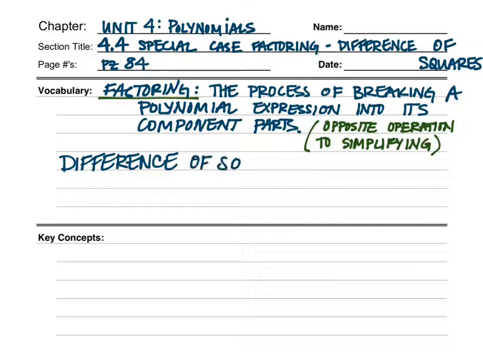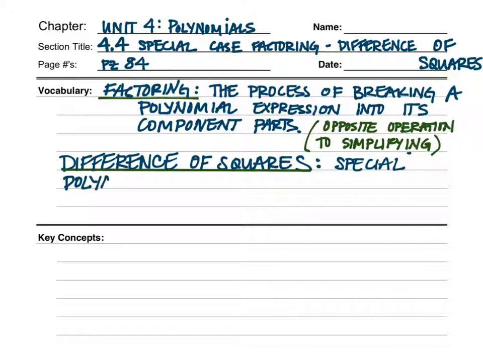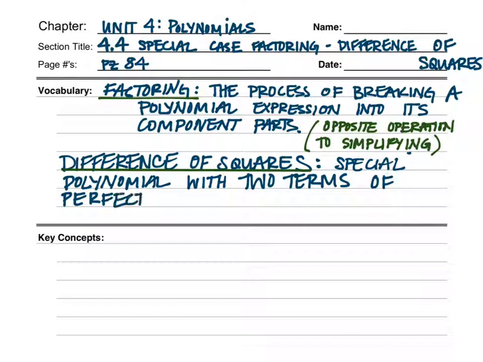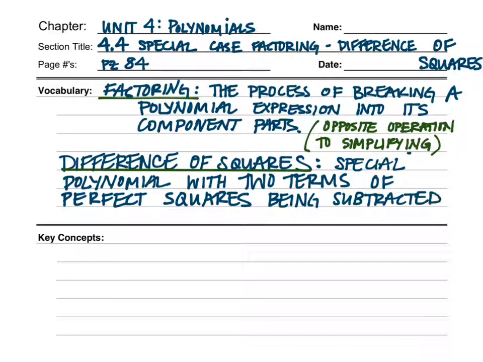So when we talk about difference of squares, we are talking about a special type of polynomial in which two terms of perfect squares are being subtracted. So again, a difference of squares is a special polynomial with two terms of perfect squares being subtracted.